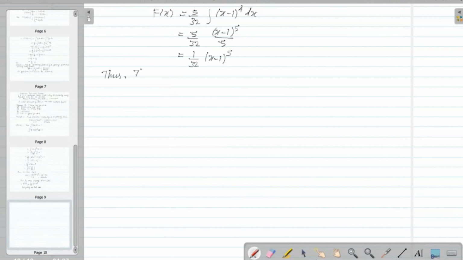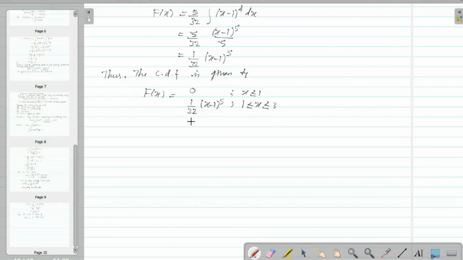Thus the cumulative distribution function is given by F(x) equal to 0 when x is less than or equal to 1, and another function, 1 by 32 times (x minus 1) to the power 5, when 1 is less than or equal to x which is less than or equal to 3.